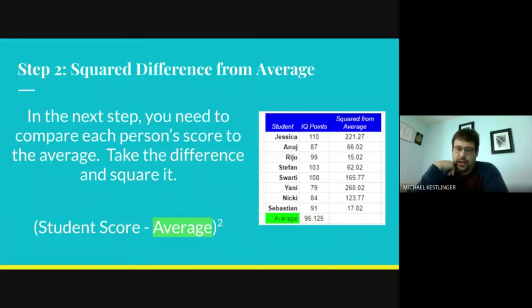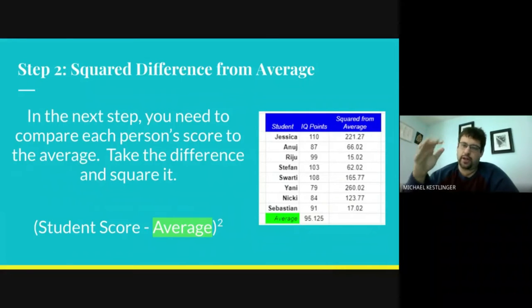Let's go with Sebastian, for example, a 91. He has just over a 4-point difference between his score and the average. It would technically be negative 4 point something. But what we do there is square that. You know 4 squared is 16, so 4 point something is where we get 17.02 from.